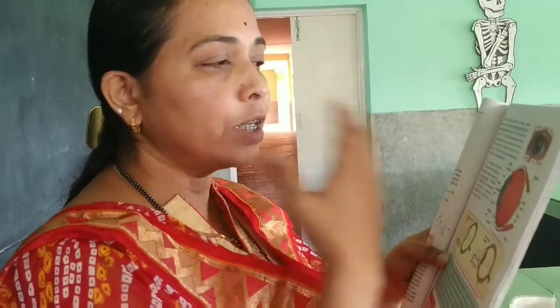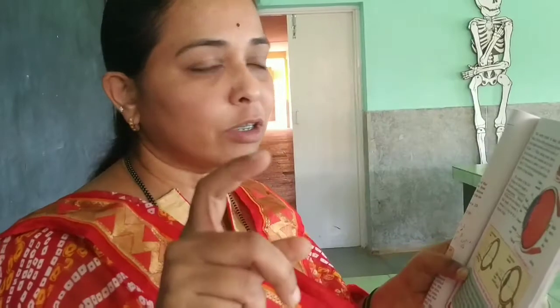My distinct vision has naturally changed because I have spent a lot of years seeing, and my ciliary muscles have also become weak. So I am using this lens to see, and it corrects my distinct vision.